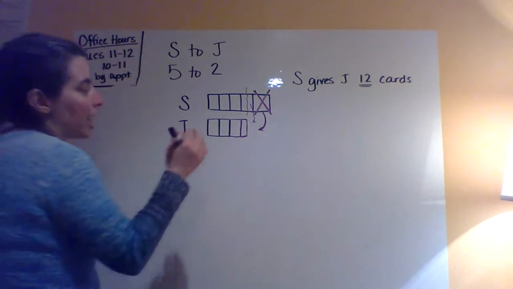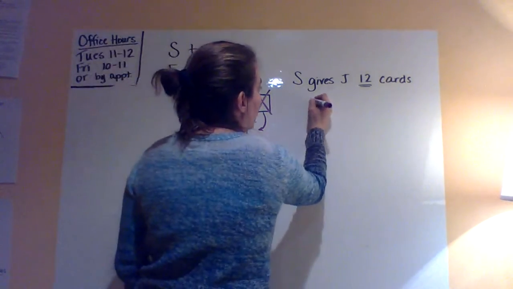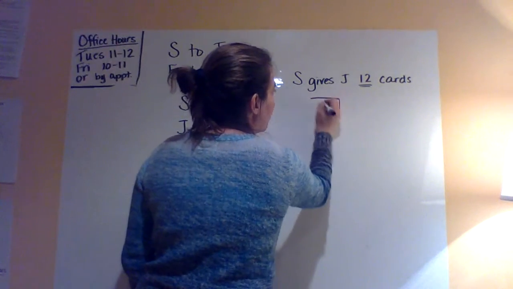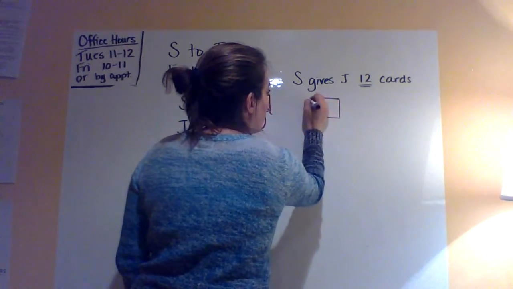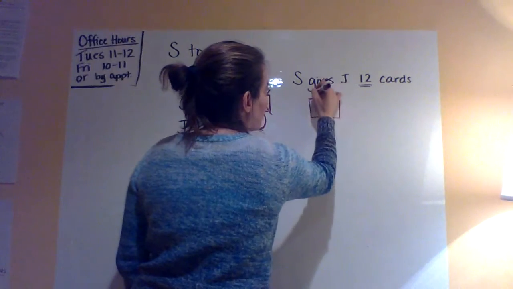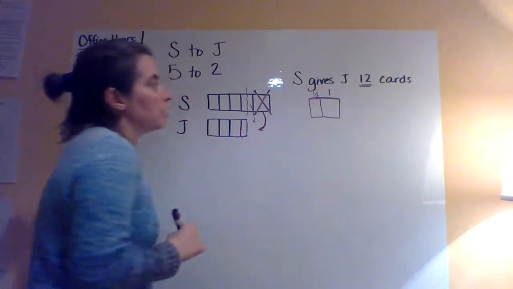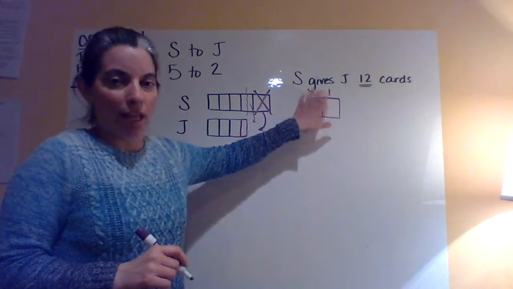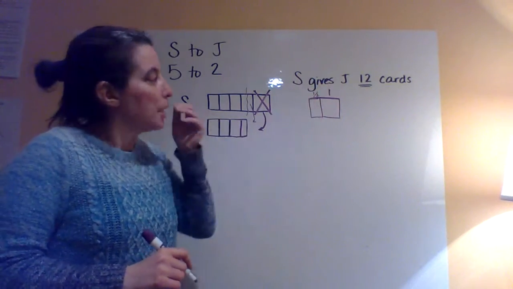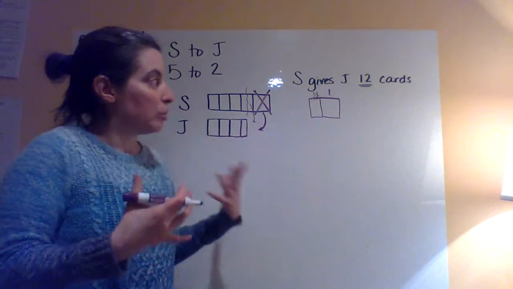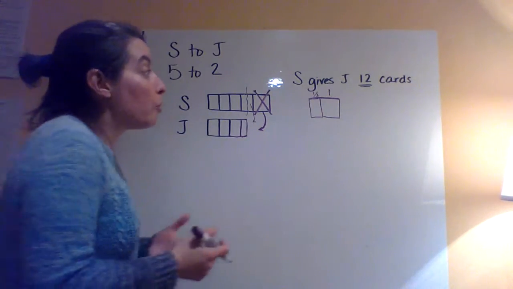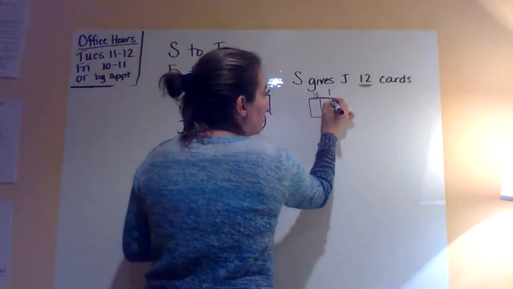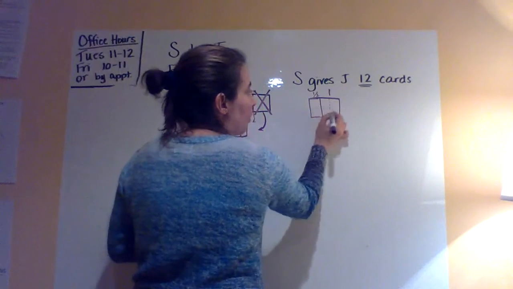Now, Shantae gave Jessica 12 cards. So that 12 cards was represented by 1 1/2 parts. So 1 part can't be 12, because then 1 1/2 wouldn't be 12. So we can think about how to split it up. One way you could think about it is if you split this into halves, then there's 3 equal parts.